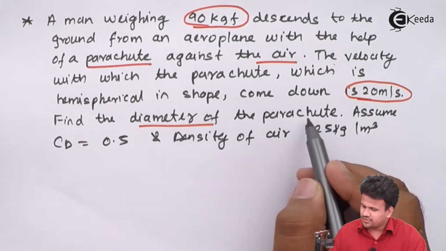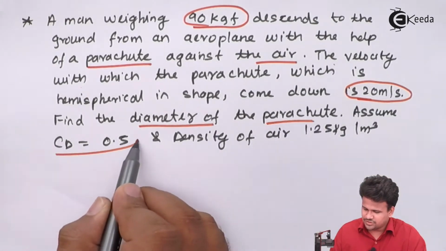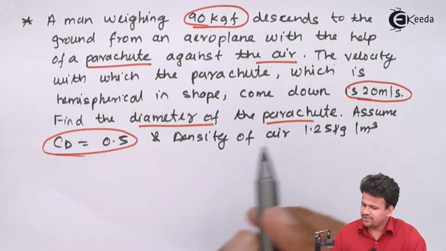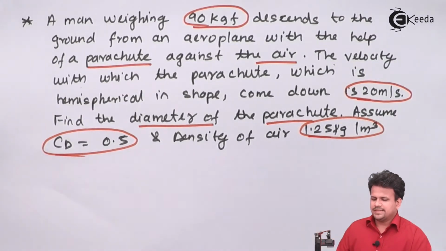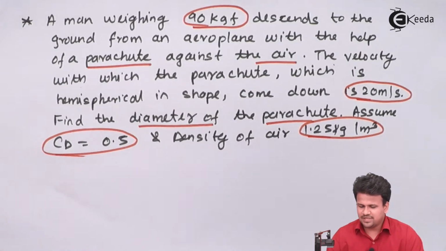Find the diameter of the parachute, assuming the coefficient of drag is 0.5 and the density is 1.25. This is also a problem on drag, which we have seen in the previous sections.